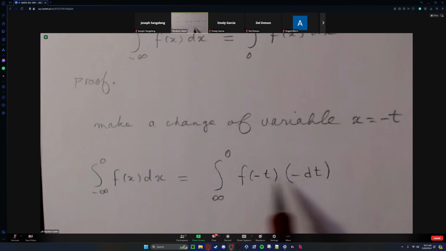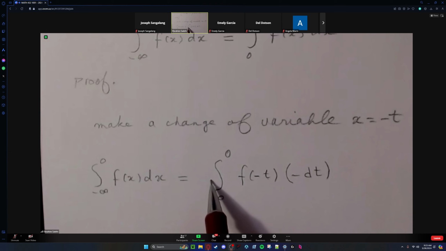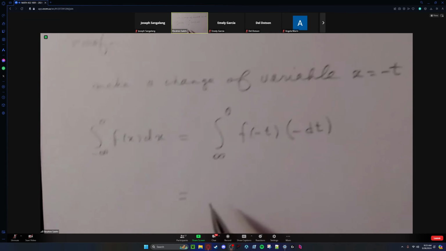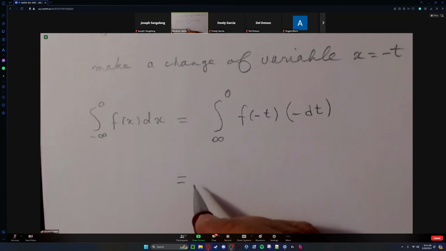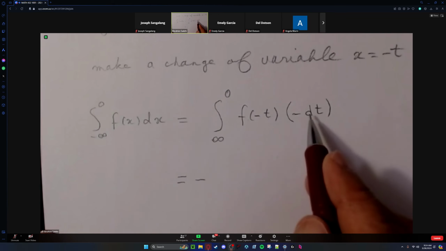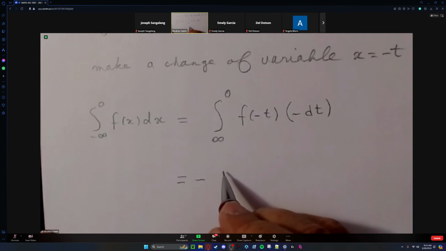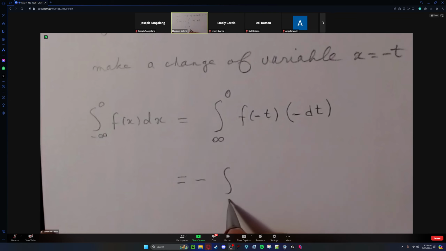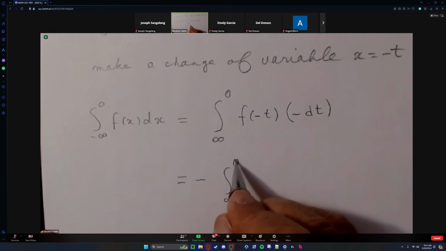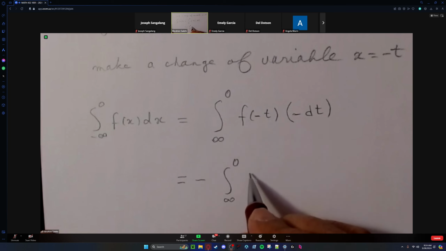And this negative, you take it out, I'm going to do it, make sure all the steps are taken care of. So that is negative coming out. And f is even.